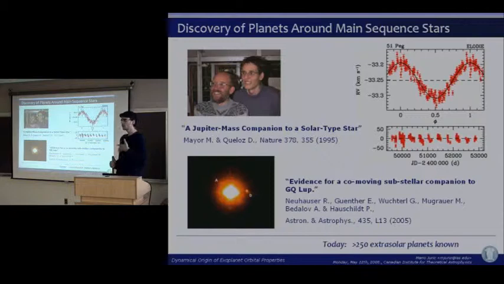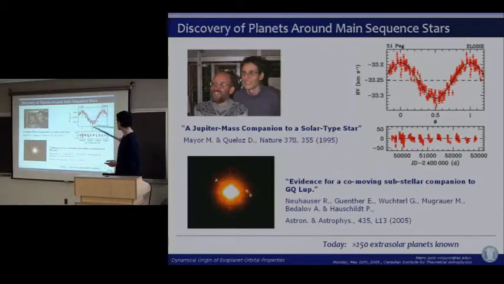This picture of our universe, based on the solar system, has started changing with the discovery of planets around main sequence stars. So in 1995, starting with these two guys here, they found the first exosolar planet orbiting a solar-type star, and in the years since, there have been 250 exosolar planets discovered.